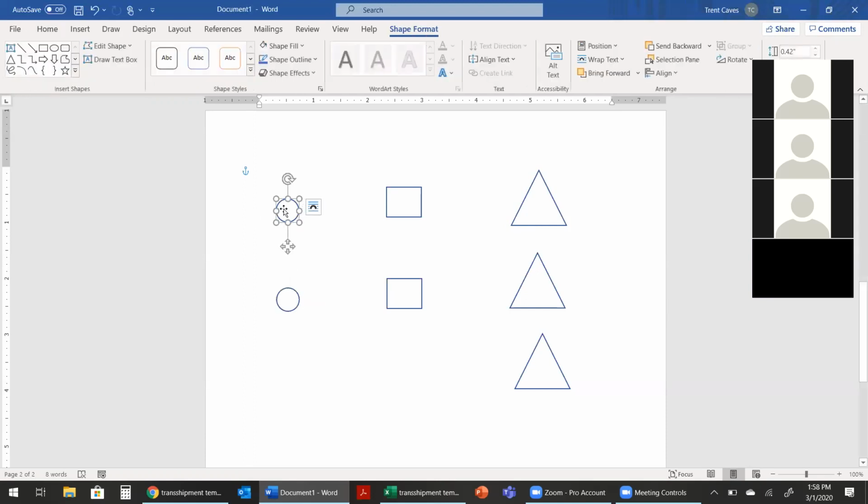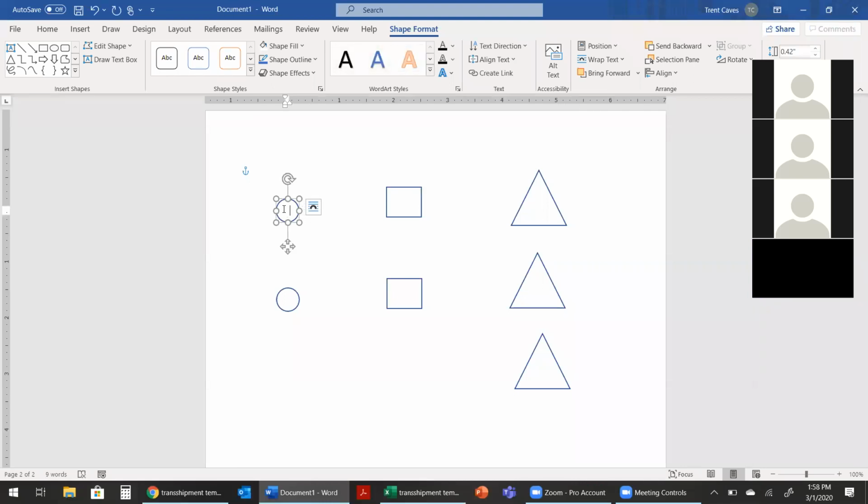So this first shape is going to be plant 1. Second shape is going to be plant 2.